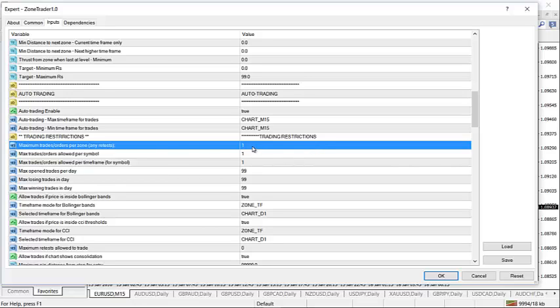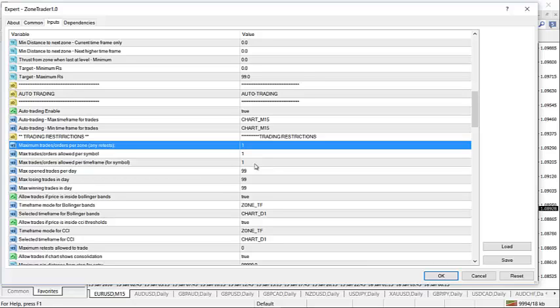So the first here is maximum trades or orders per zone. Next one is maximum trades or orders allowed per symbol, so you could still have multiple trades against one zone if there were, for instance, multiple retests of that zone. Then maximum trades or orders allowed per time frame for each symbol, so that's saying that you're only allowed to have one order or trade per time frame.